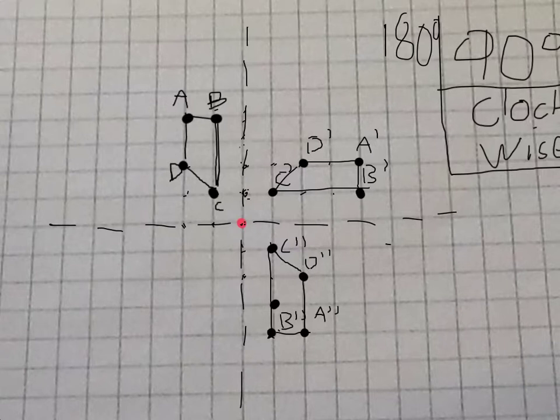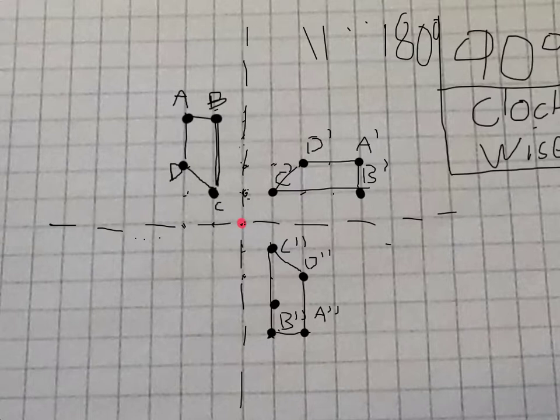Okay, and now we have the rotation for 270 degrees clockwise. Keep in mind this is all clockwise. And so turn it, and it would be in this little area right here where I'm marking.